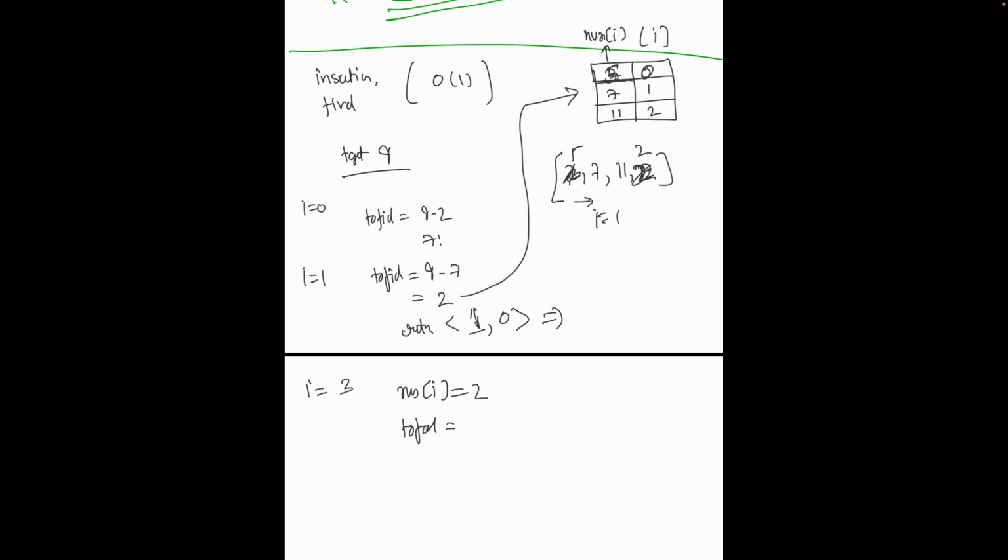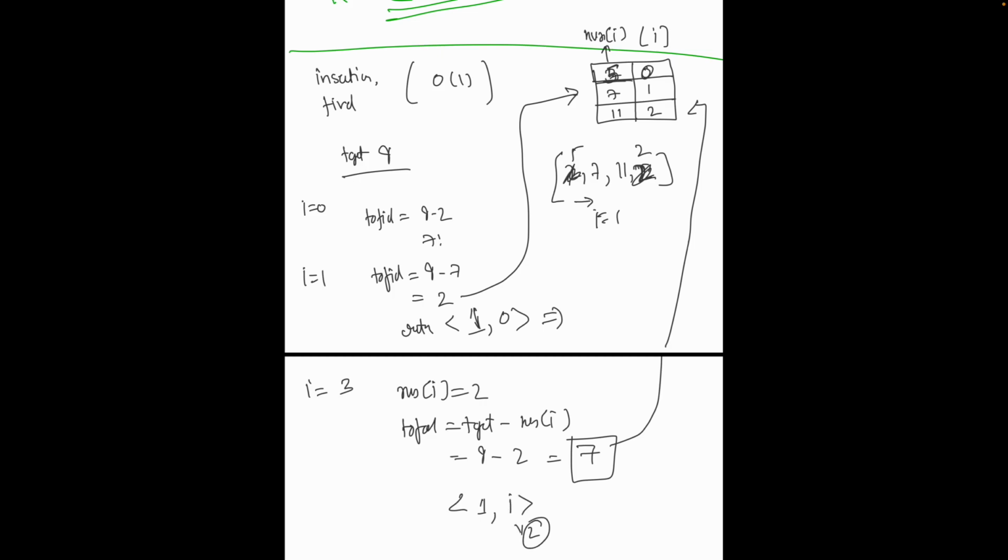Then to find will be target minus nums[i], which is 9 minus 2, which becomes 7. Now we go and look at this map. 7 exists at 1. So we return 1, which is the index of 7, and i, which is 3 in this case.